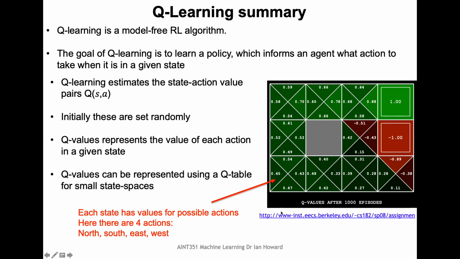Generally in a maze, you can have 4 actions: north, south, east and west. Therefore for each of these states we'll have an associated state action value. That's represented on this particular drawing in these 4 quadrants.